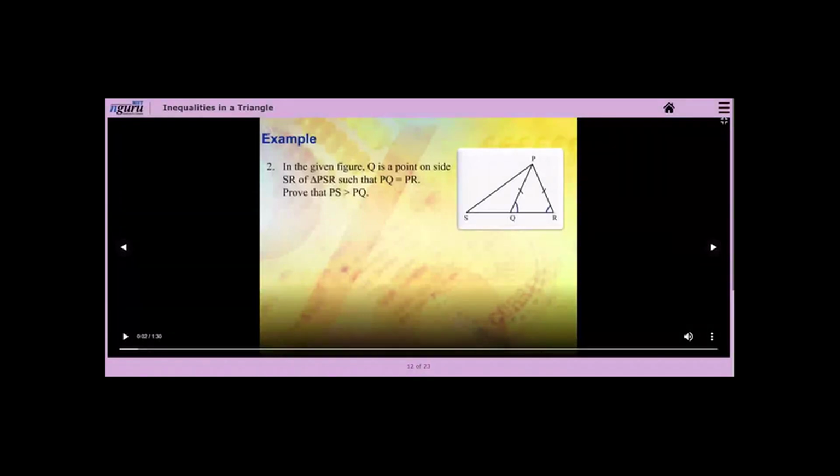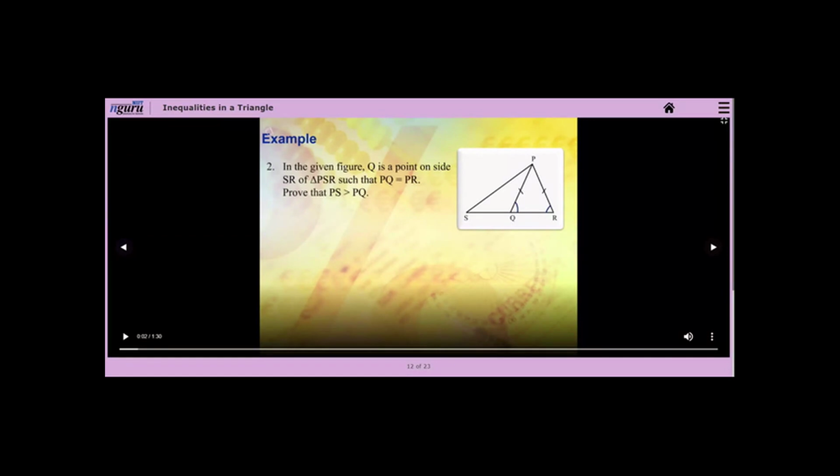Which angle is that? Angle PQS, ma'am. Yes, angle PQS. You have to prove that angle PQS is greater than PRQ. Then only you can say PS is greater than PQ.